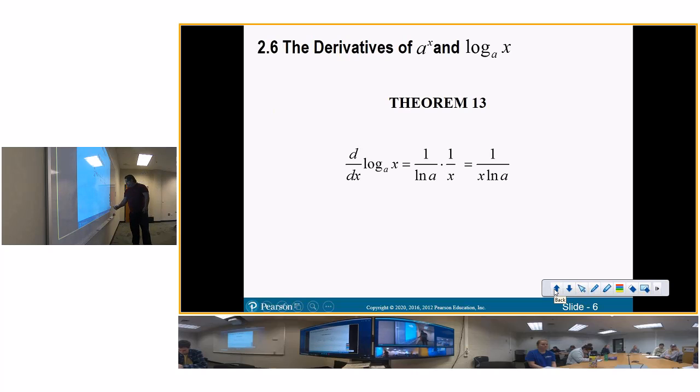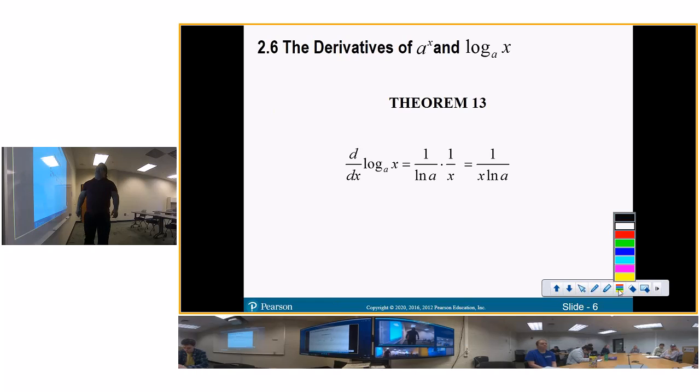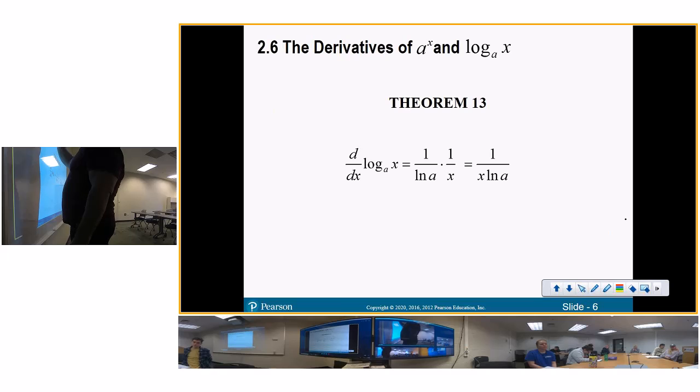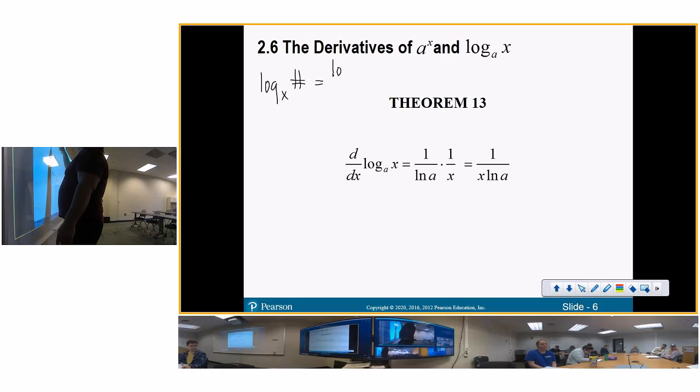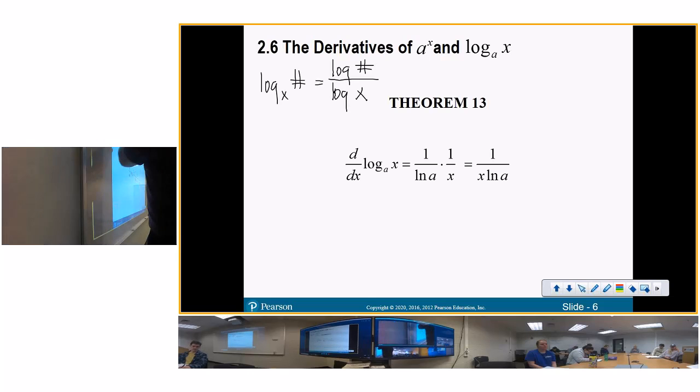The change of base formula says if I have log base anything of a number, I'd change that to the log base 10 or base e of that number over the log base 10 or base e of the base. That's algebra.